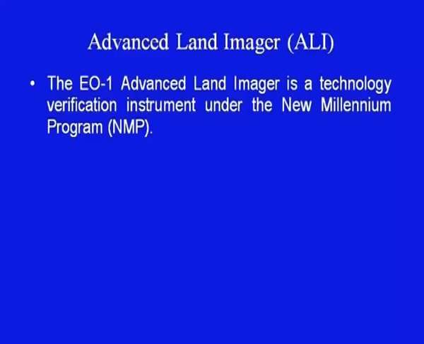Now, let us look at each of the instruments one by one. First is the Advanced Land Imager, or ALI. The EO1 Advanced Land Imager is a technology verification instrument under the New Millennium Program.